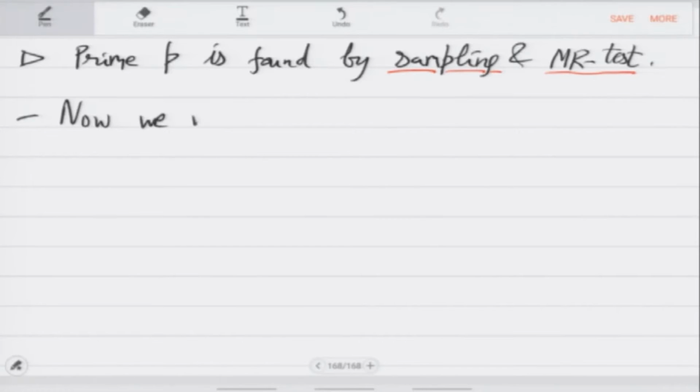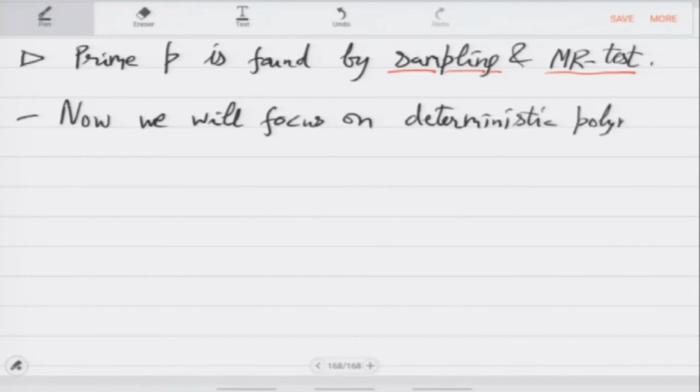So now we will focus on a deterministic polynomial time primality test. This was an open question till 2002. In 2002 we solved it.